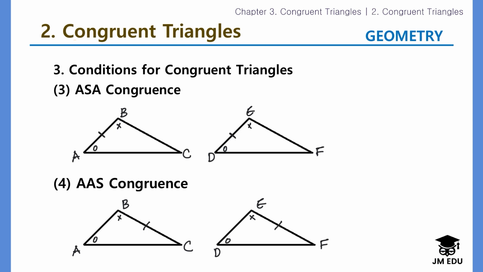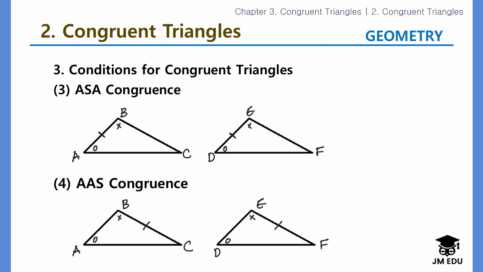Number 3 is ASA congruence. When two triangles have two congruent angles and one congruent side, then we say that these two triangles are congruent by ASA congruence.